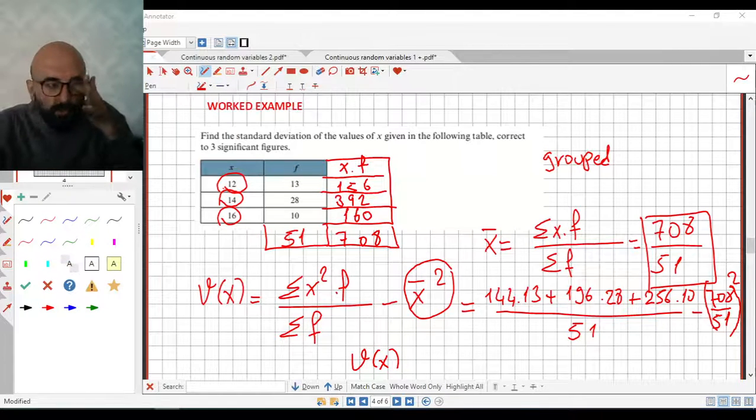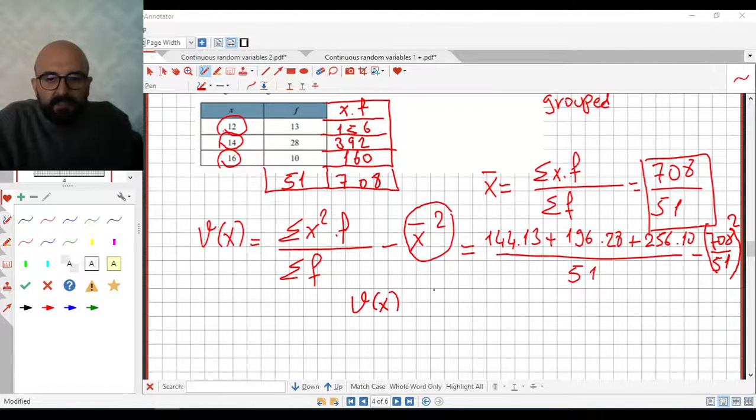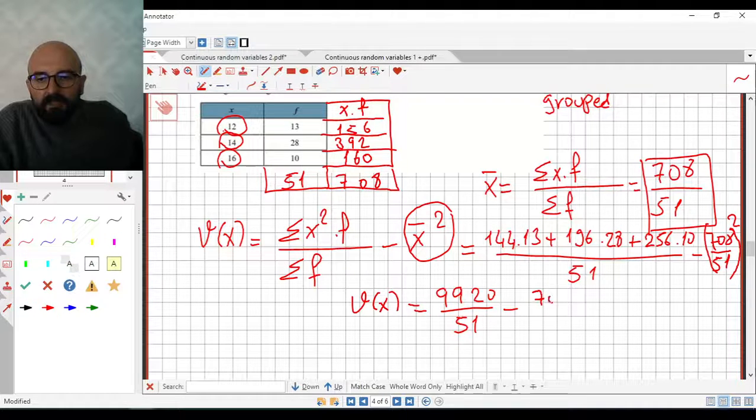Now our variance becomes... I want to look at the result because I want to use our time very effectively. The variance of this is 9,920 over 51 minus 780 over 51 squared.